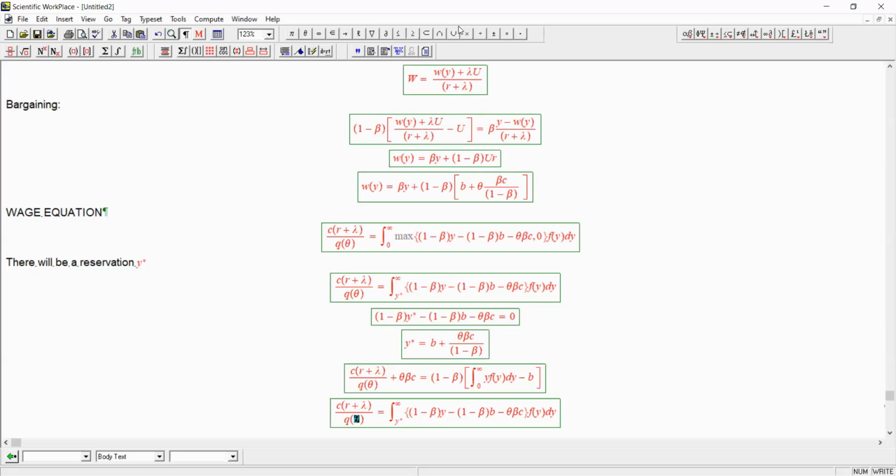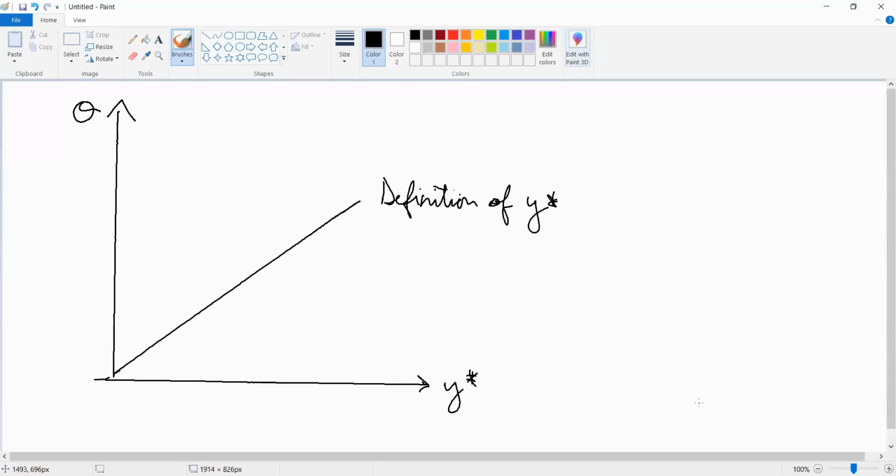What have we shown? We have shown that if there is any y star, then under certain conditions that we can guarantee, the wage equation line starts here, it's going up at first, but if it ever crosses y star, if it crosses the definition of y star rather, then it's going to be going down thereafter.